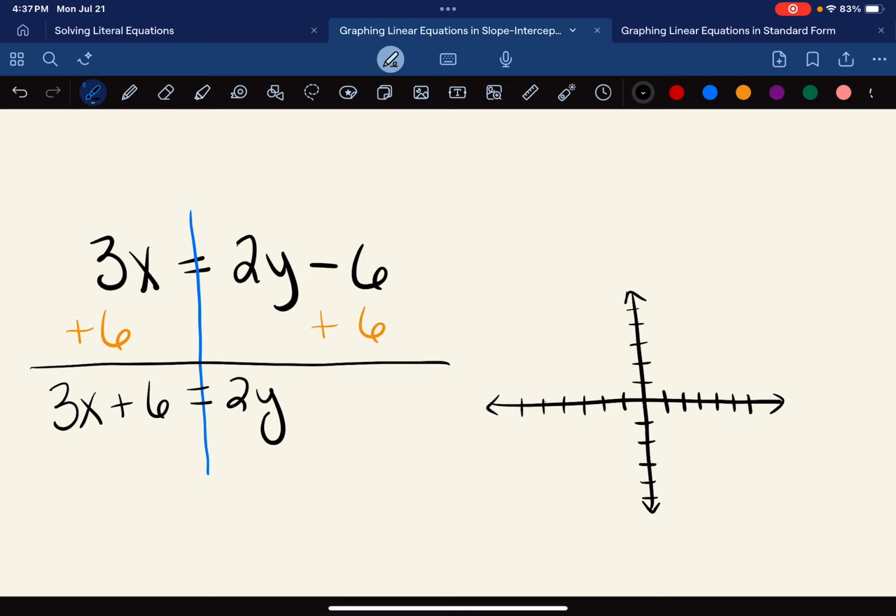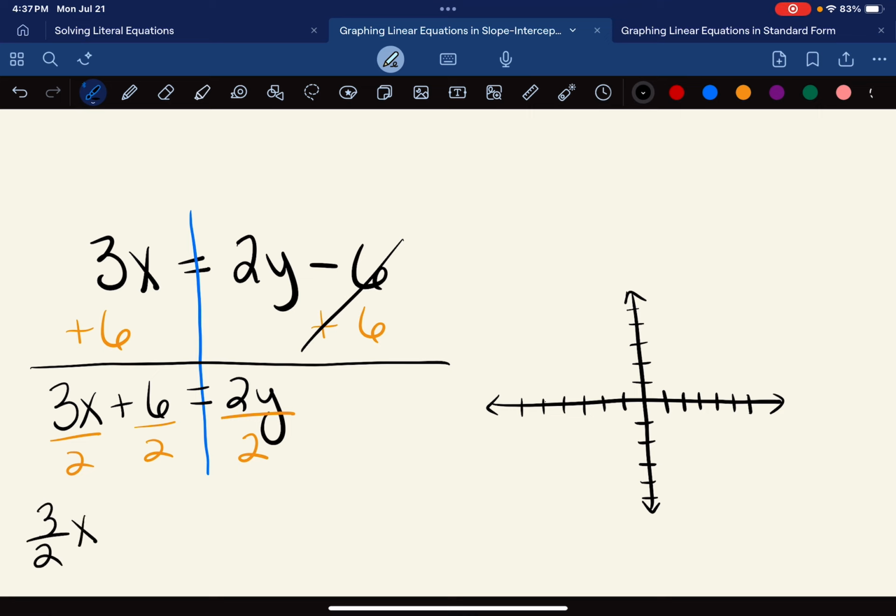And our minus 6 plus 6, of course, cancel to 0. So I'm almost there, but I still have that 2 in front of my y variable, so I need to divide everything by 2 so that my equation is still balanced. Okay, so 3 divided by 2 does not reduce, so I'm going to go ahead and leave it as 3 over 2, x.